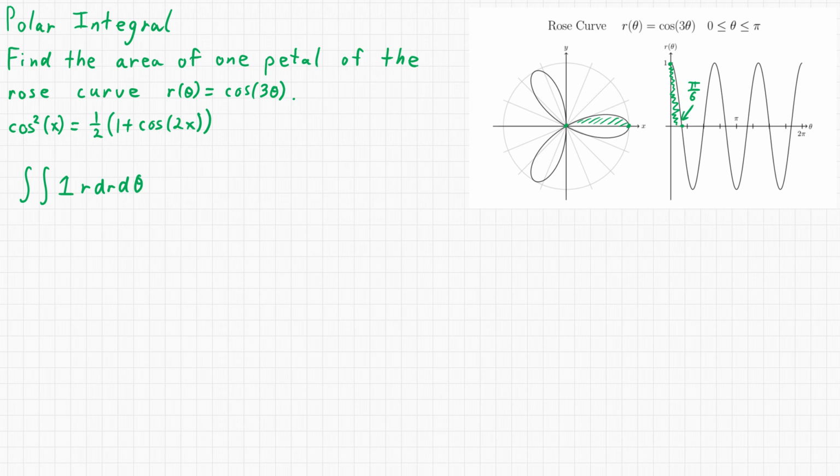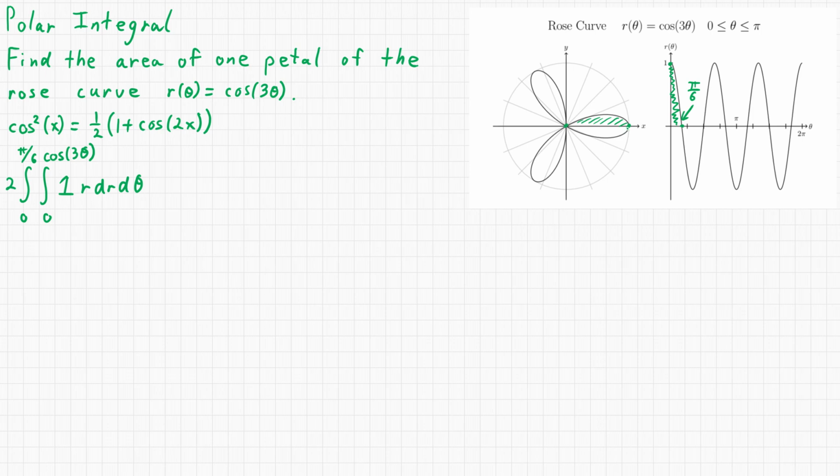We're integrating r from 0 to cosine of 3 theta, and theta from 0 to pi over 6. Since that's only half of a petal, we're going to double the integral to get the entire petal.